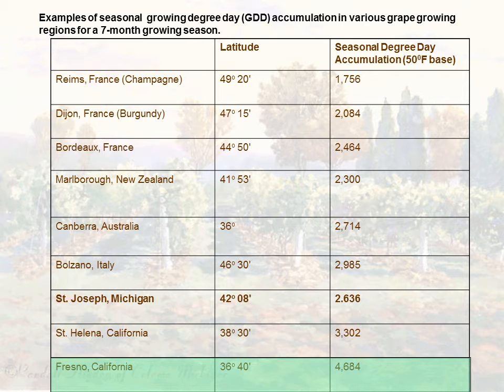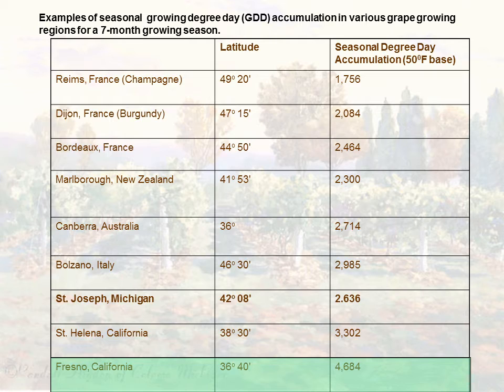Generally speaking, the Central Valley of California is an area that produces large crops of grapes, high sugars, low acids, because this heat tends to metabolize away much of the acidity in the grape while building high sugars. And so the grapes and the wine from an area like this are considered okay, but not exceptional.